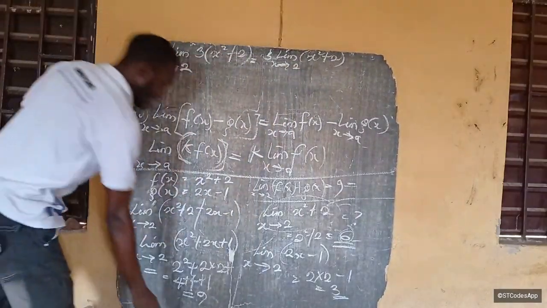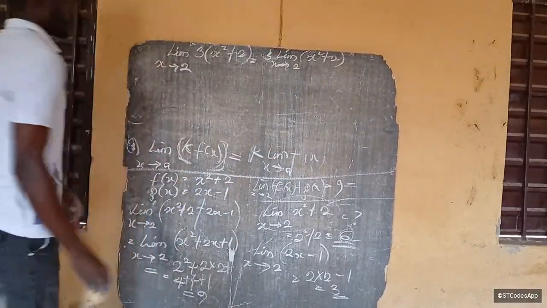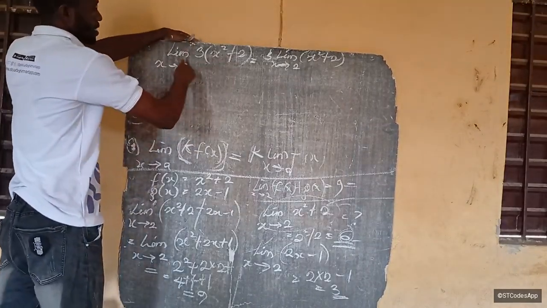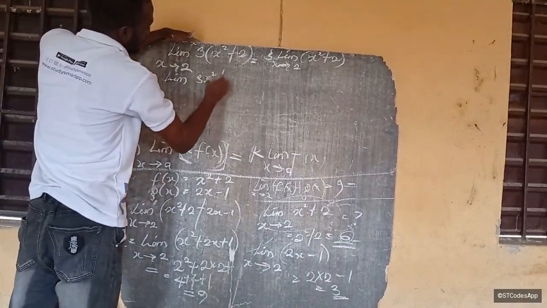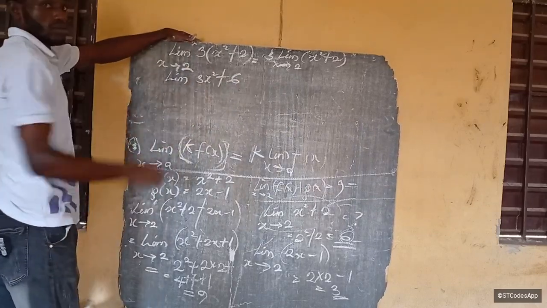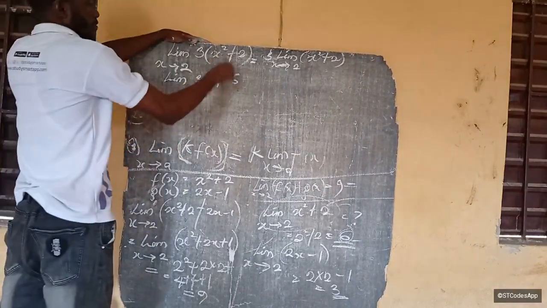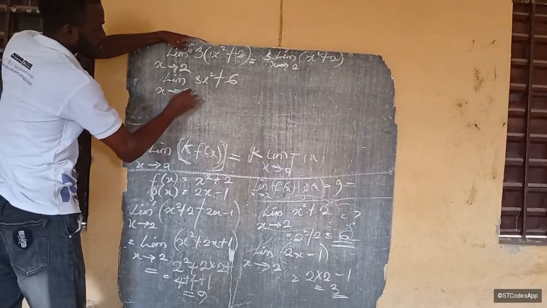Okay? So if this is the case, then by the time we open this bracket, we're going to have the limit of 3x squared plus 6. 3 times x squared is 3x squared, plus 3 times 2 is 6. So the limit of this as x approaches 2.